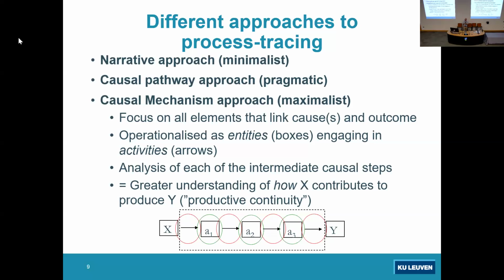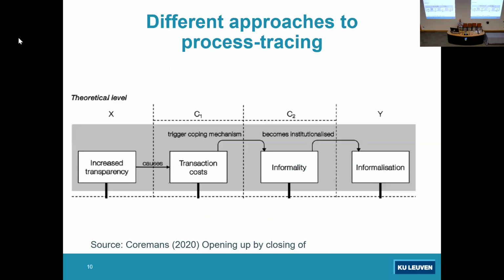Entities engaging in activities. And I will give an example in a minute. So this is really a very detailed analysis of how the cause contributes to the outcome and all the interlinking parts as well. So you need to empirically verify all these different interlinking parts.